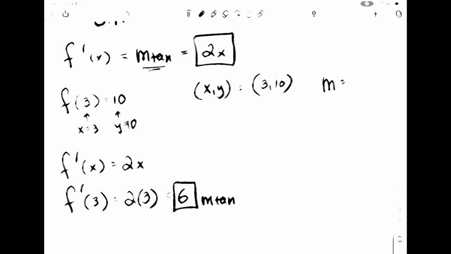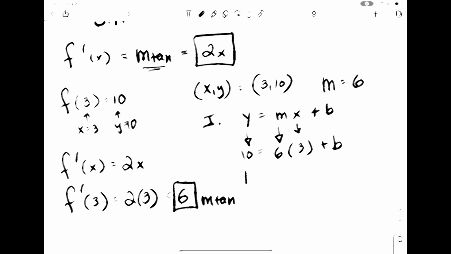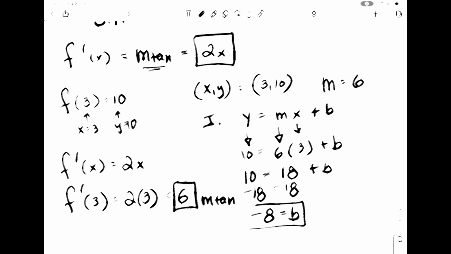One method would be to find y equals mx plus b by doing a triple substitution to solve for b. We know that y is 10 when the slope is 6 and our x is 3. So simple algebra, minus 18 on both sides, gives us negative 8 equals b, which is our y-intercept.